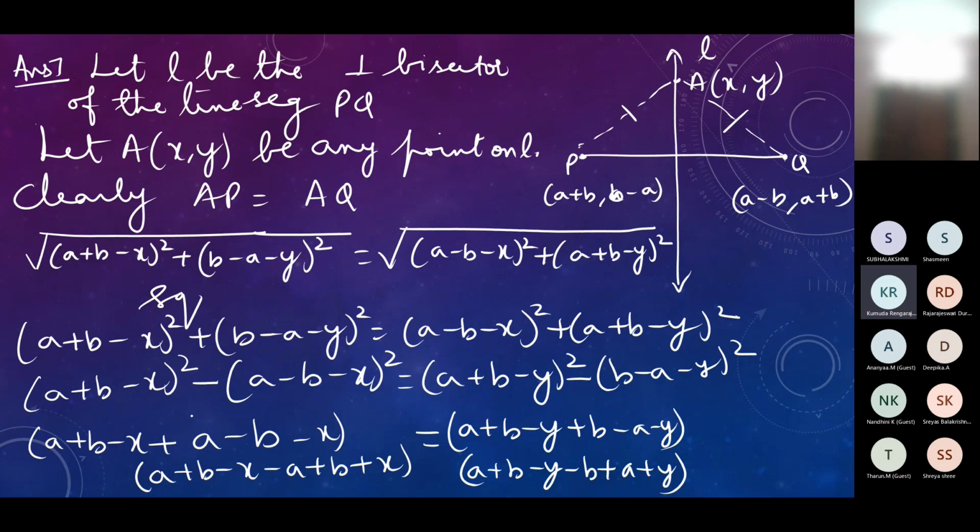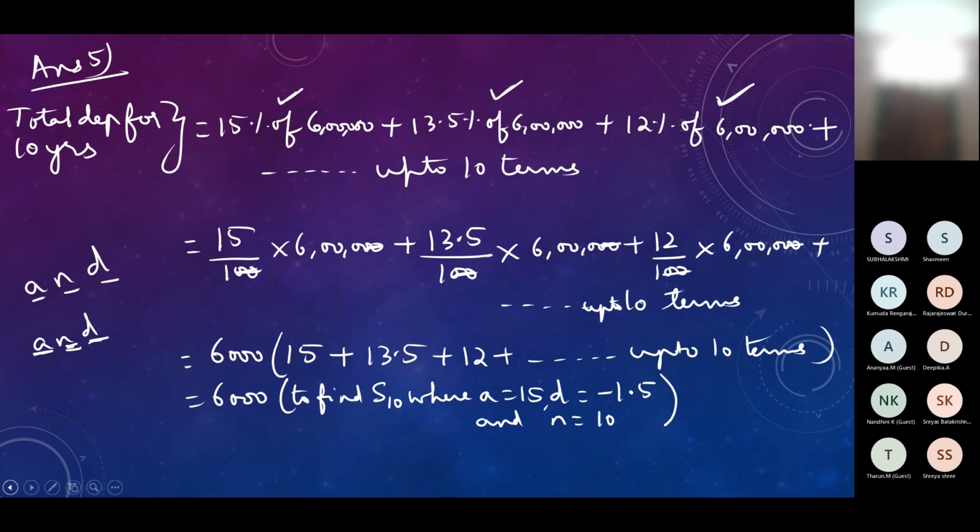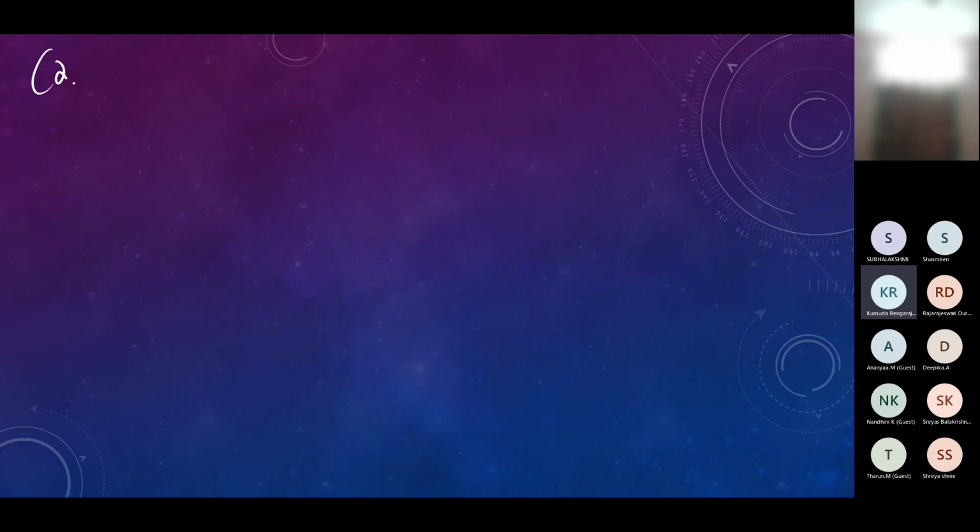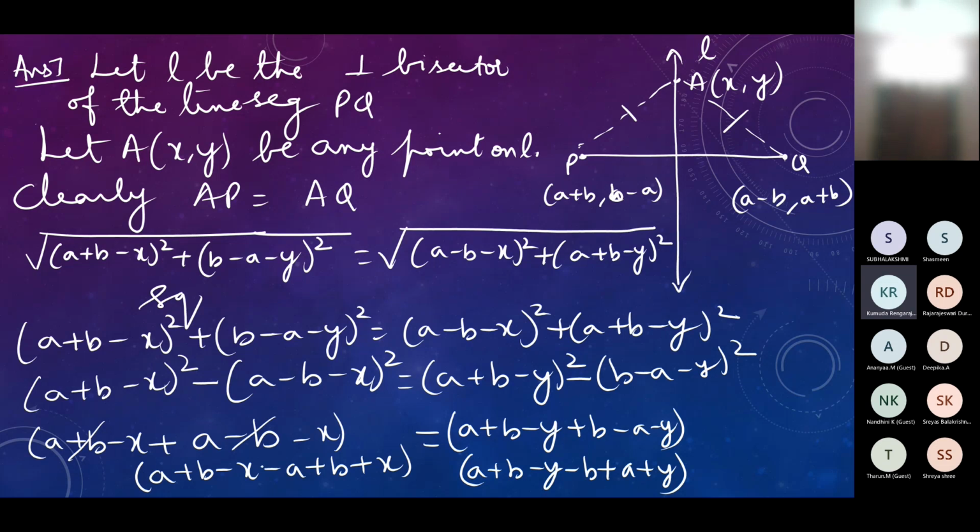Now, see the first bracket in the LHS, 2A minus 2X, correct? Then in the second bracket, A minus A cancels. This also cancels. 2B.